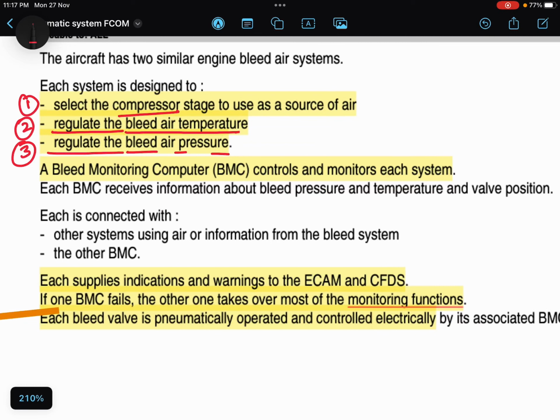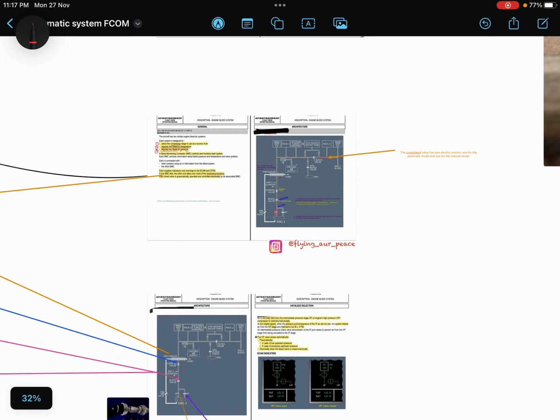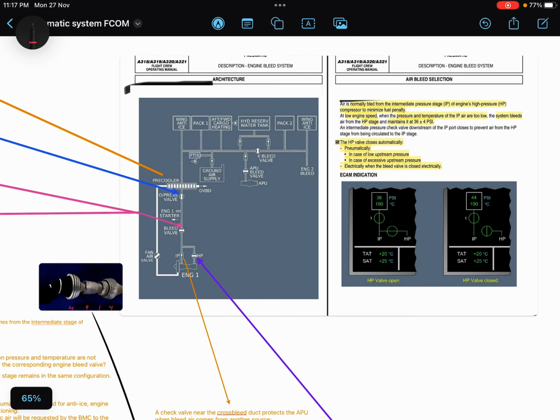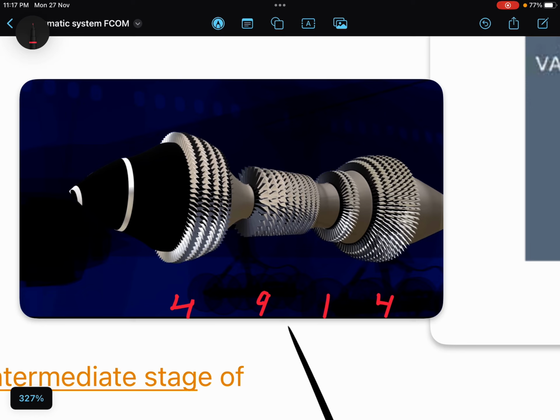So first of all, let me tell you how the engine is designed to select the compressor stages. Generally bleed air is taken from the intermediate stages of the high pressure compressor to minimize the fuel penalty. So this is how your engine looks, right? This is the low pressure compressor, this is the high pressure compressor, this is the high pressure turbine, and this is the low pressure turbine.